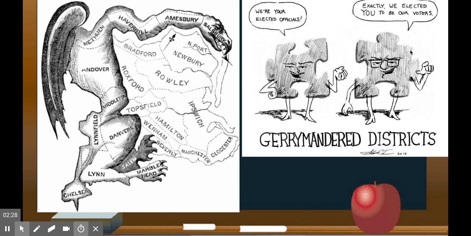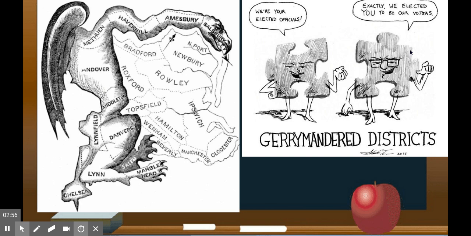And so what did it end up looking like? It was a salamander, which I always thought was just some lizard thing, which it is. But a salamander is also a mythical beast that looks like a dragon. So you can see that on the left-hand side.